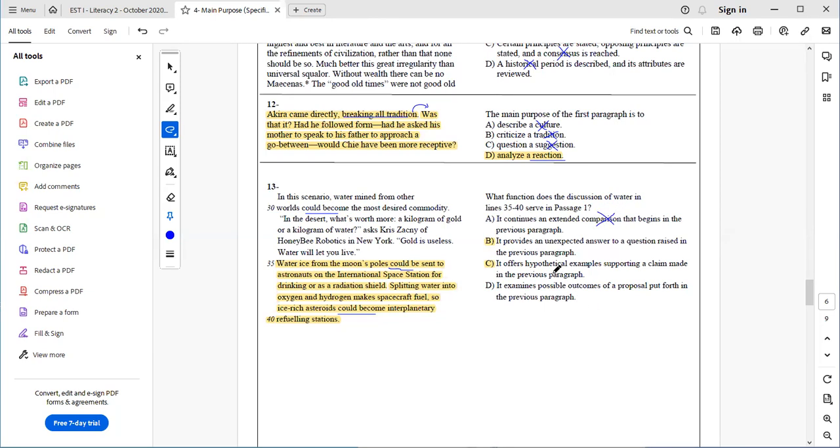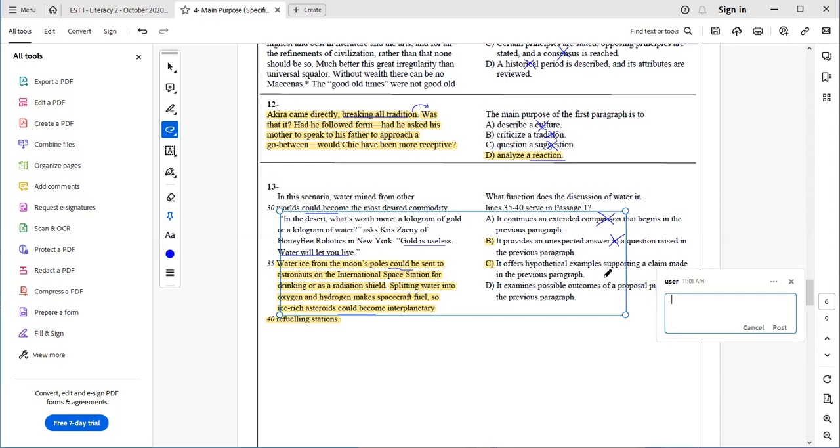It's not A. It provides an unexpected answer to a question raised in the previous paragraph. Yes, there was a question, but it was answered already, Hala. He restarted a new claim. So it's not B. It's not B, Hala.